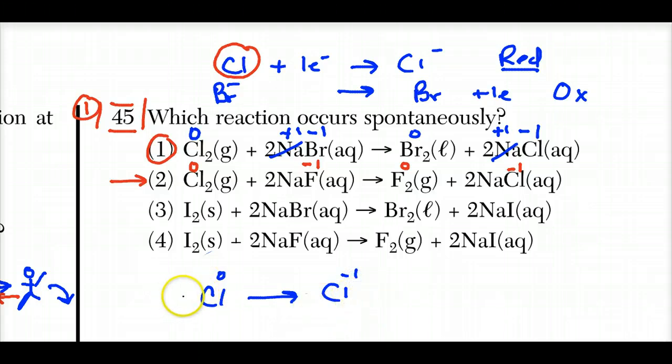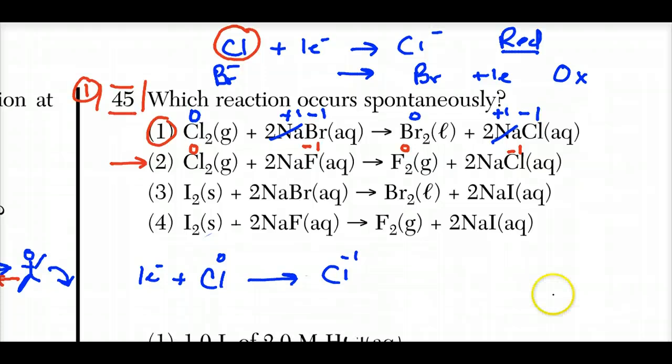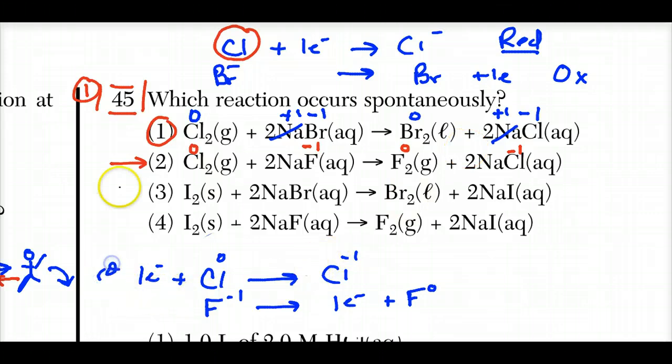Notice both sides of a half reaction have to have the same charge. The electron goes here, -1 and 0. And then we're going to have fluorine, -1, give up an electron, oxidize, and become F0. That's what I'm doing here. This is reduction. So in number 2, we've got chlorine who's reducing and F negative who's oxidizing.